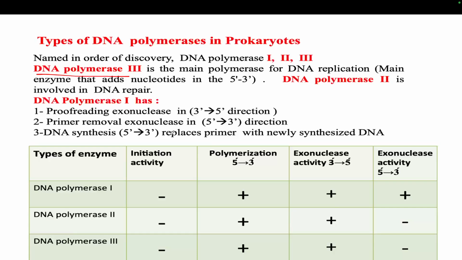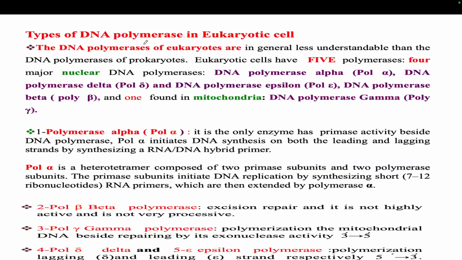Then there are different types of DNA polymerase in the eukaryotic cell. The DNA polymerases of eukaryotes are in general less stable than the DNA polymerases of prokaryotes. Eukaryotic cells have 5 polymerases: 4 major nuclear DNA polymerases, which replicate the nuclear DNA, namely alpha, delta, epsilon and beta, and 1 found in the mitochondria, which will amplify the mitochondrial DNA.